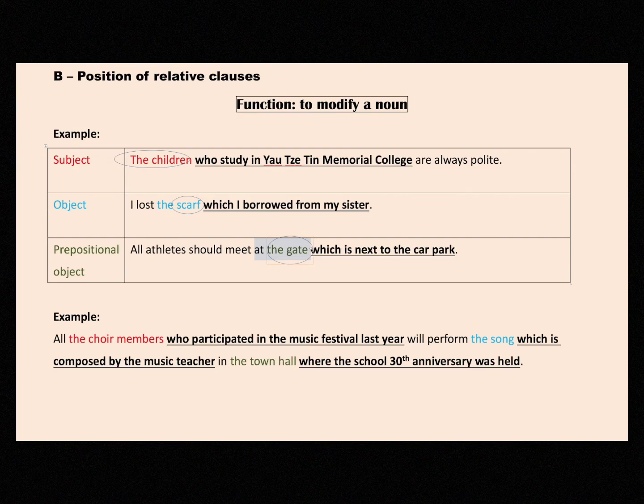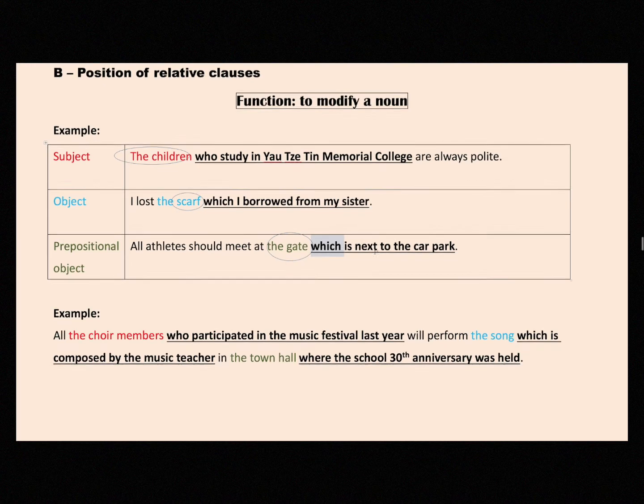And now we are talking about the gate as a thing, and that's why we use which to talk about it. The gate, which is next to the car park, not other gates, but the gate which is next to the car park. Alright, let's look at one more example.